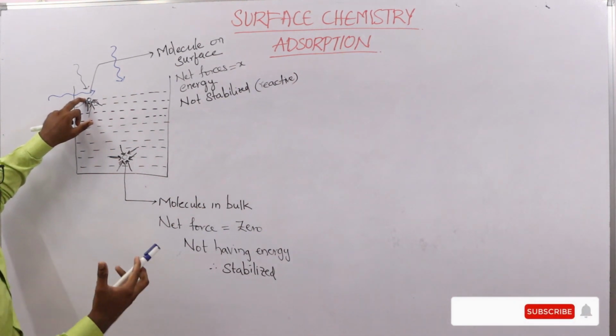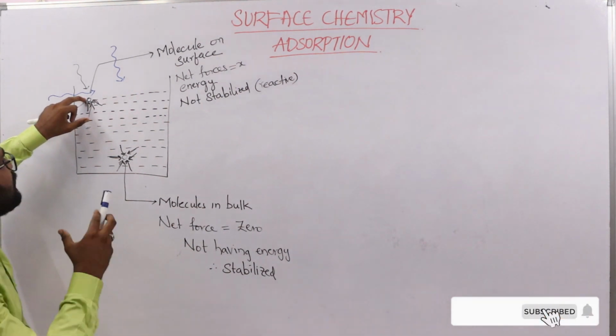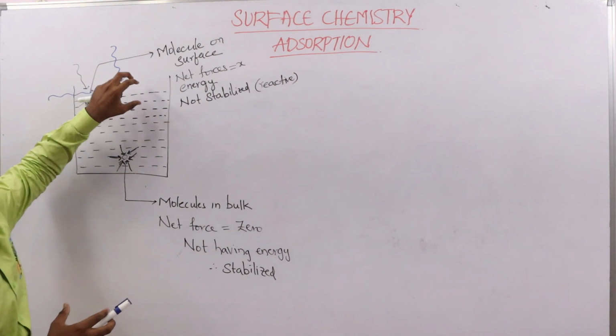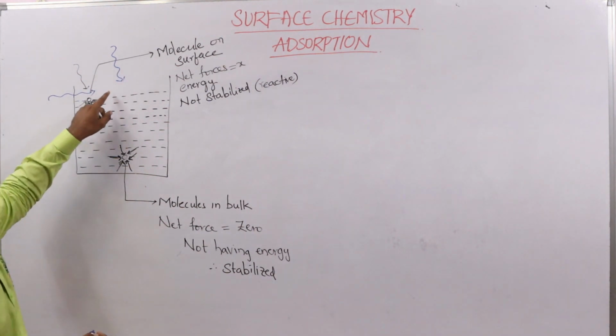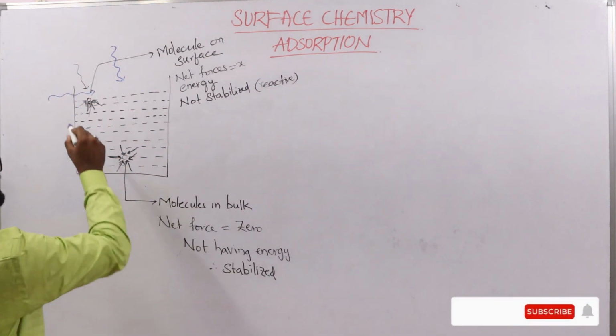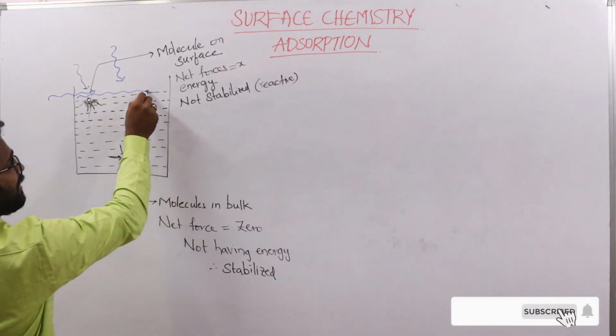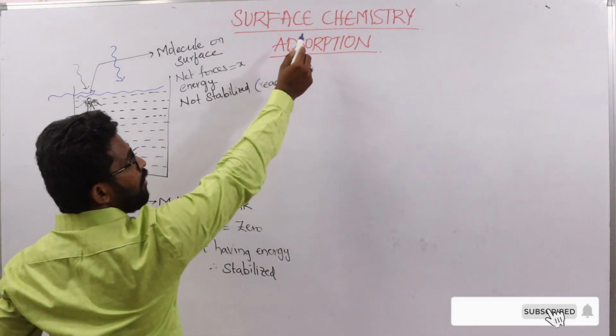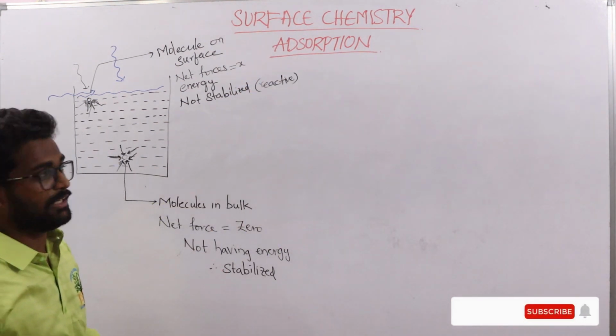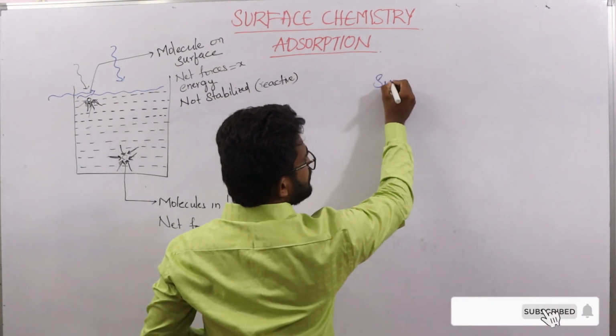They are not completely chemically reacting, but they are just adsorbing onto the surface. That phenomenon acting on the surface of any medium is dealt with by the chemistry called surface chemistry.